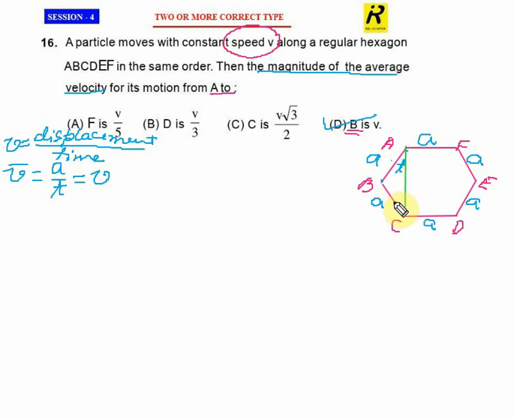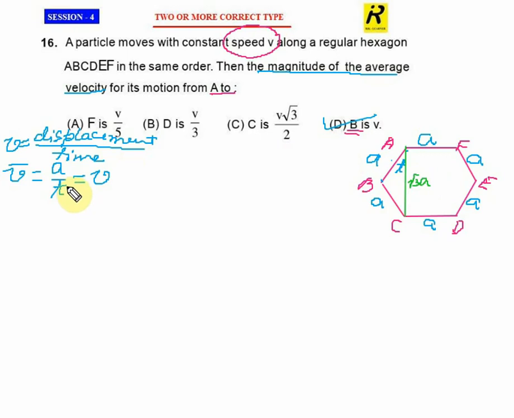So always in any hexagon, this length, I may say height or something, is always root 3 times the side length. You should remember this, root 3 times the side length. This is A. So this AC is root 3 into A.